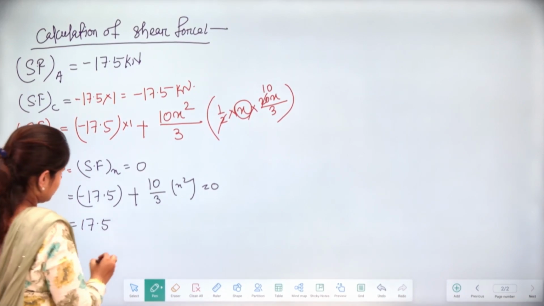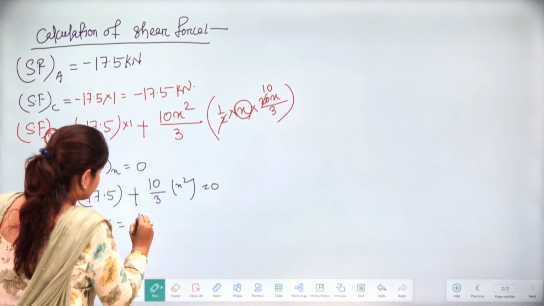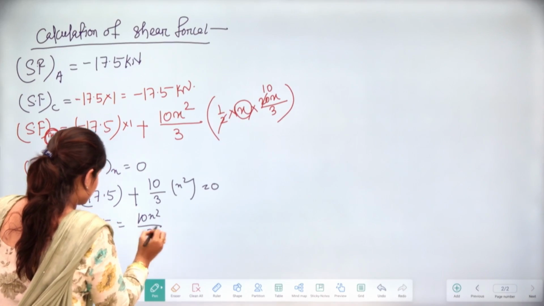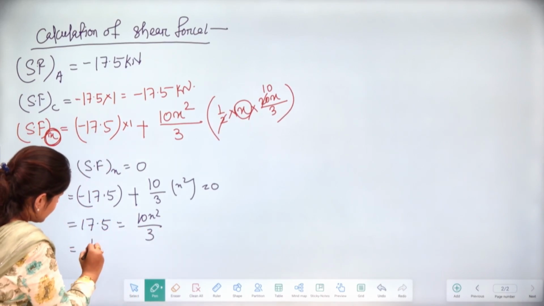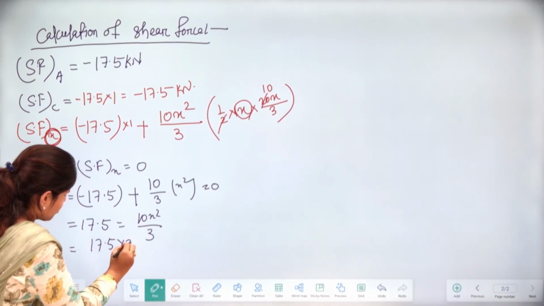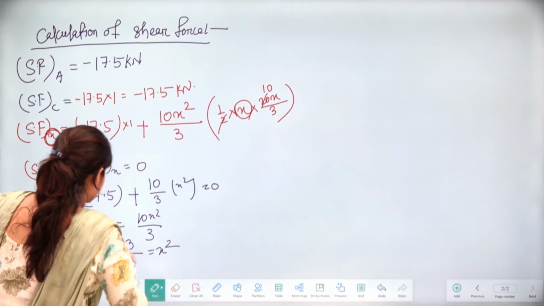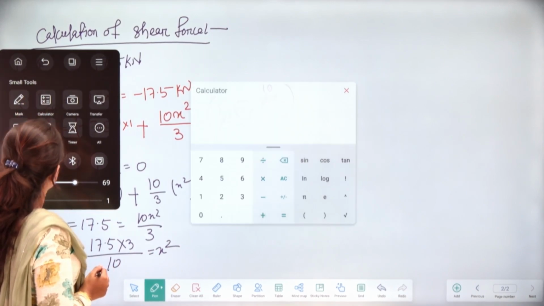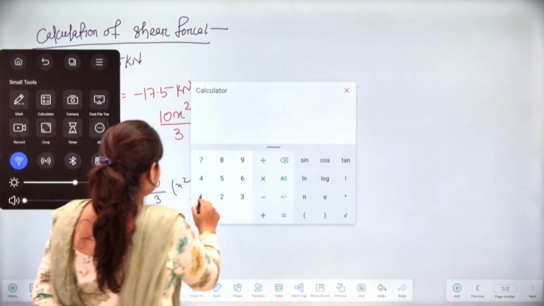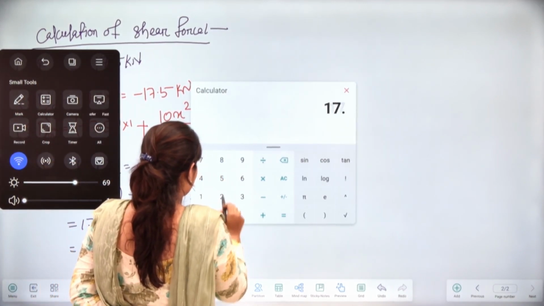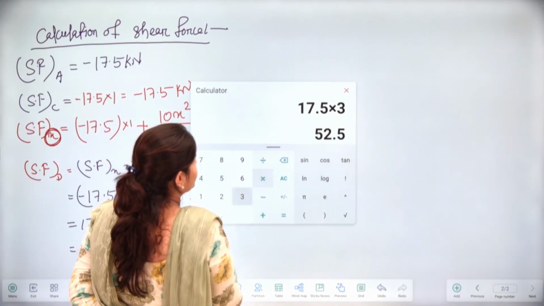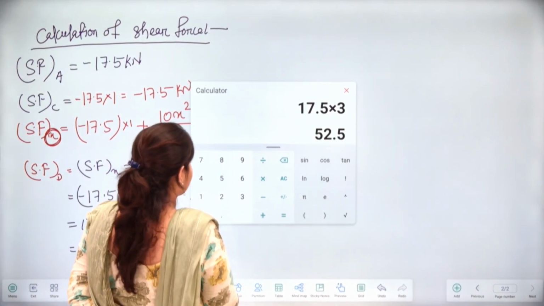17.5 is equal to 10 by 3 x square. Now 17.5 multiplied with 3 divided by 10 is equal to x square. So it will be 17.5 into 3, that is 52.5, by 10.